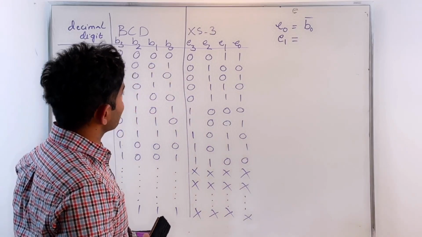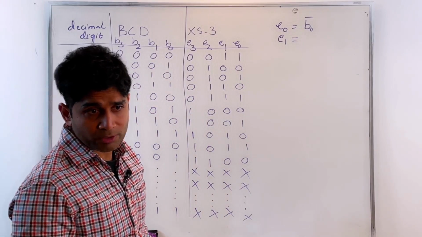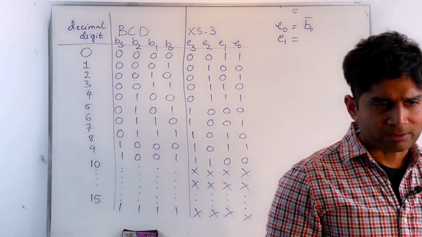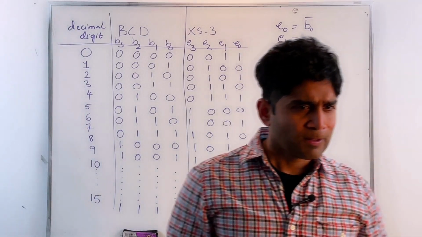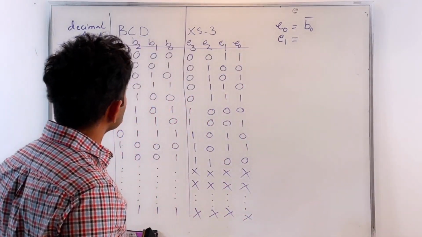Should I do the truth table for this, or do you see any logical expression directly from this table? The only way I could imagine it would be to... I'm not sure.